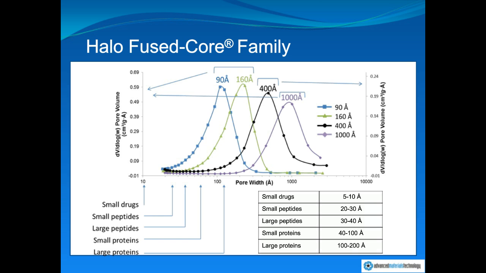Small molecules, best handled with 90 angstrom pore size material, 160 angstrom for peptides and like-sized molecules, and for smaller intermediate-sized proteins, 400 angstrom performs admirably, and for the 1,000 angstrom material, we're really talking about intact proteins and very large protein complexes that are stable under the separation conditions.